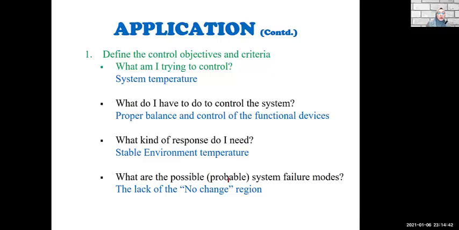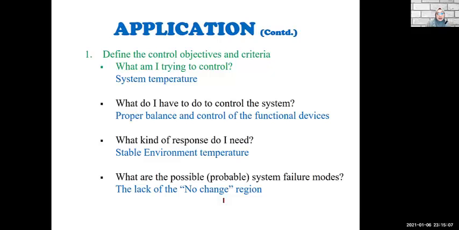So what are the possible system failure modes? The lack of the no change region. That means your air conditioner is sometimes on cooler, sometimes on heater, sometimes on cooler, heater. So there is no region of no change.